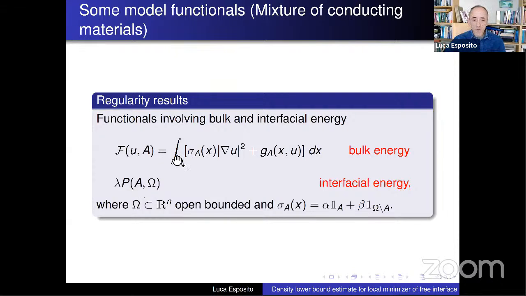I want to split the two terms because there is an interaction between them to prove regularity, as we will see in the following. So I will call this integral part the bulk energy, and the interfacial energy the perimeter.